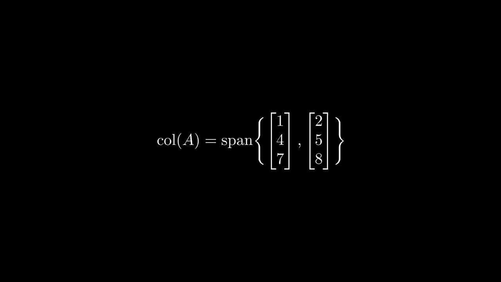So our basis will be the first column and second column of our original matrix, which we called A. So you can see 1, 4, 7, and 2, 5, 8.